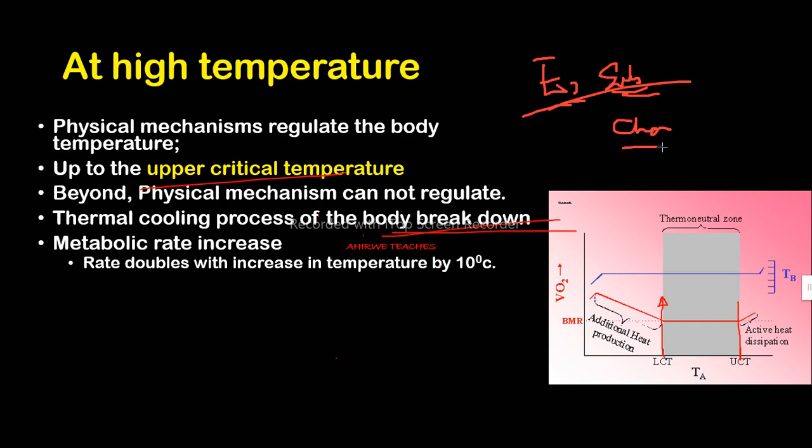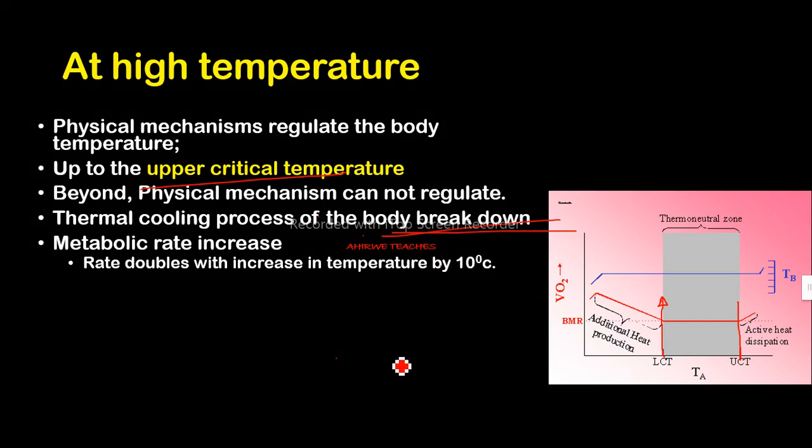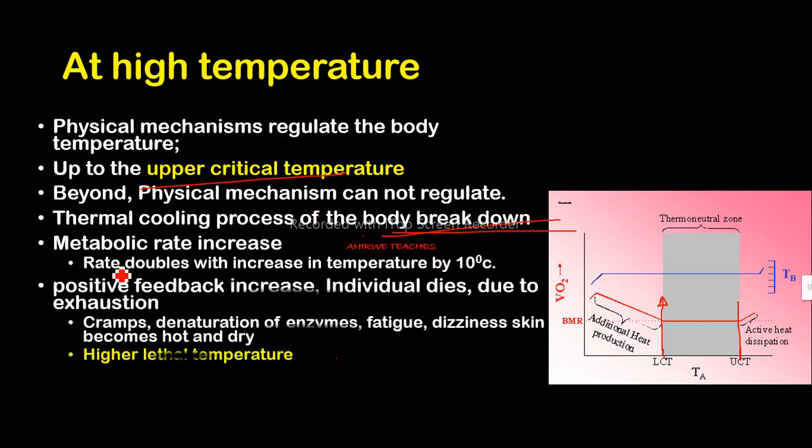So it's like a positive feedback. Okay? Rate increases, so the temperature increases, rate of metabolism increases, okay? And actually, beyond the upper critical temperature, the rate doubles for every increase of 10 degrees Celsius.